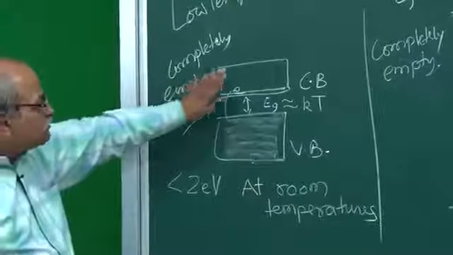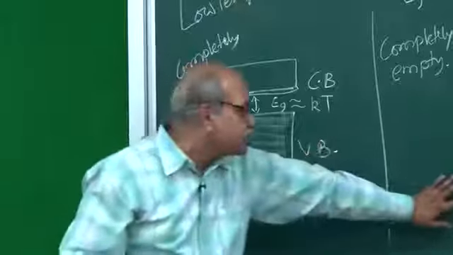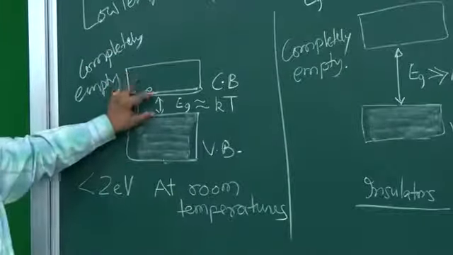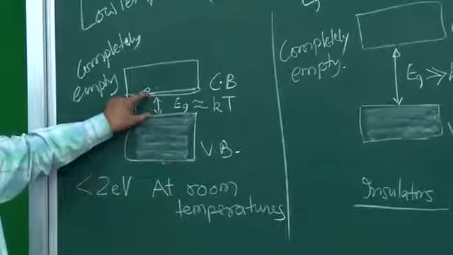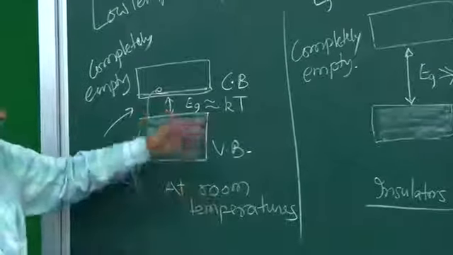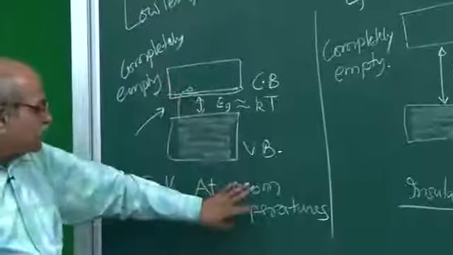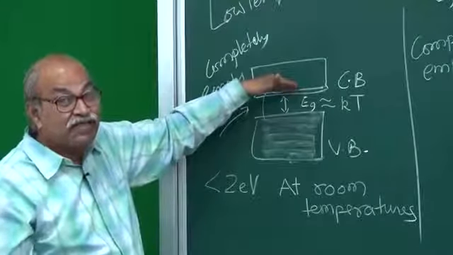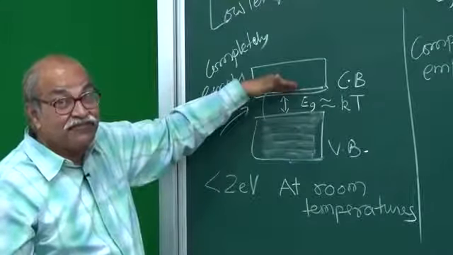So, although the band structure is similar to that of an insulator, because this gap is not very large as compared to kT, at room temperatures or the normal working temperatures, some of these quantum states get occupied, and that some can still mean 10 to the power 13, 14, 15, 16, if the total is 10 to the power 23. Some does not mean 5, 10, 15 or 50. Okay, so that number is sizable.